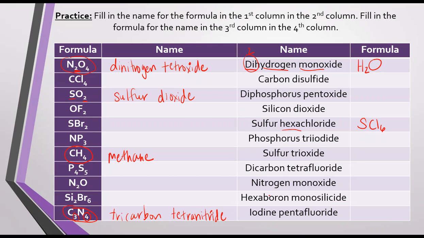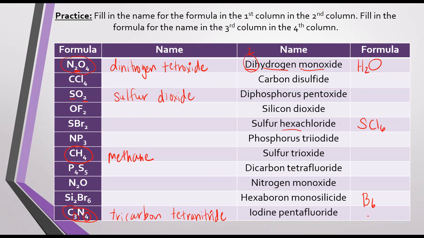All right. Let's try hexaboron monosilicide. That one sounds like a mouthful. How would I write the formula for that? B6, good.